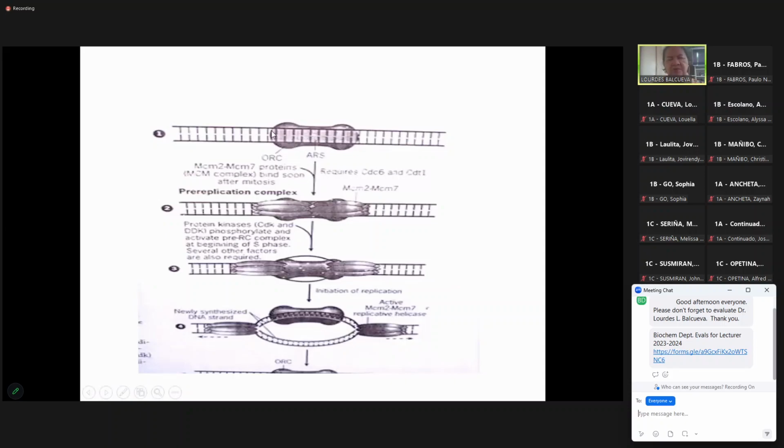These are the autonomous replicating sequence, and it's usually made up of several A's and T's. Why do you think that is?